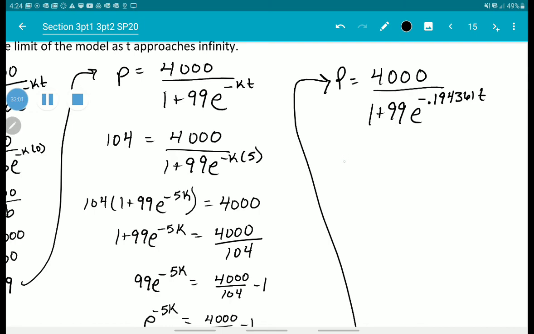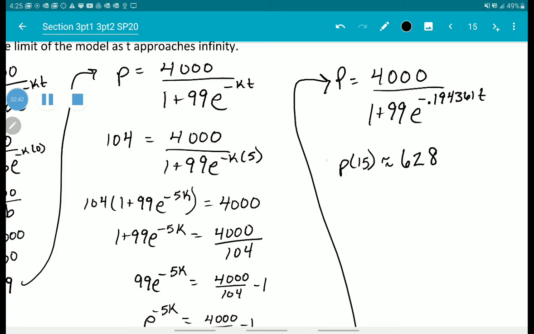So if we were to plug 15 in there, what would be our estimated population? I'm going to use a calculator to do that. And when I plug that in, I got about 628 elk.